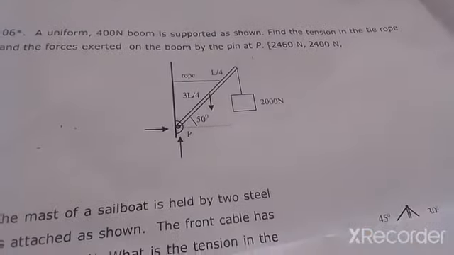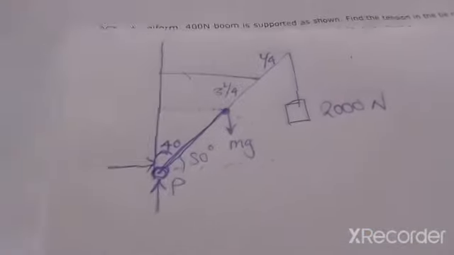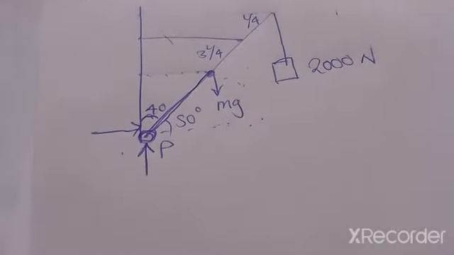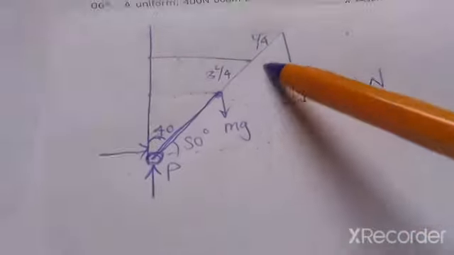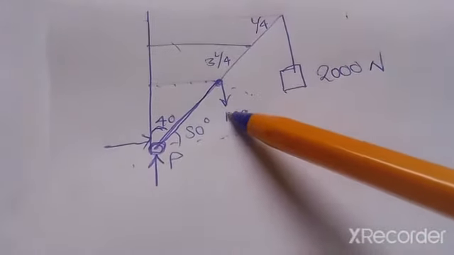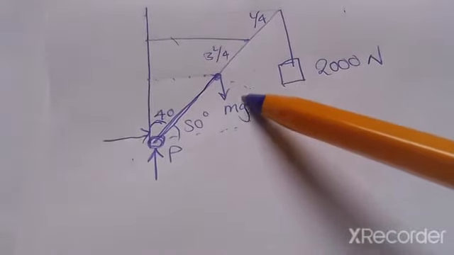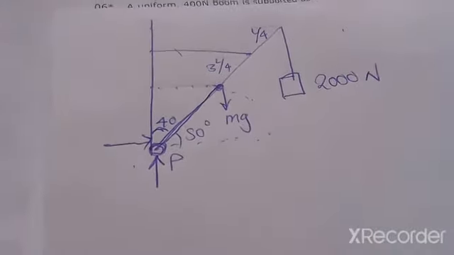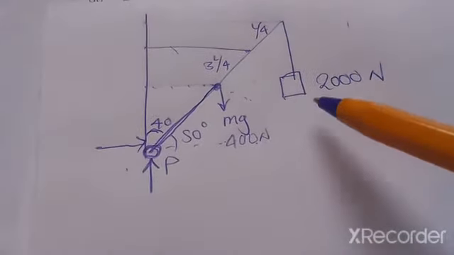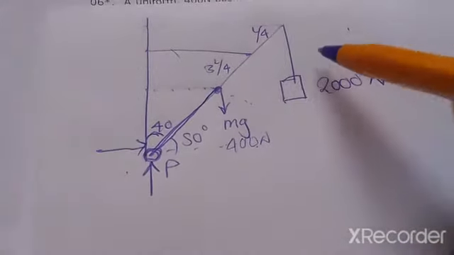Okay, so I have this drawing of the same boom. So this is the boom, and the center of mass is exerting a force which I've put as mg, and that is 400 newtons. Okay, then there's a mass hanging from the top there.